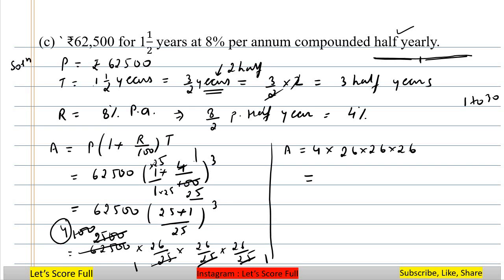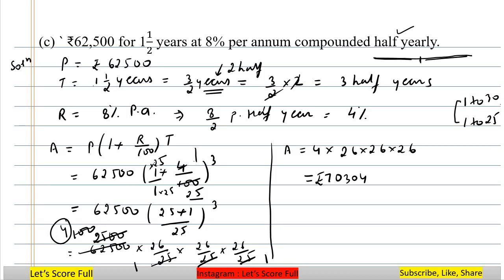So 1 to 30 squares you learn, and 1 to 25 cubes you learn. Sometimes these kind of questions come, still it will save you a lot of time. Like here I knew 625 is the square of 25, right?